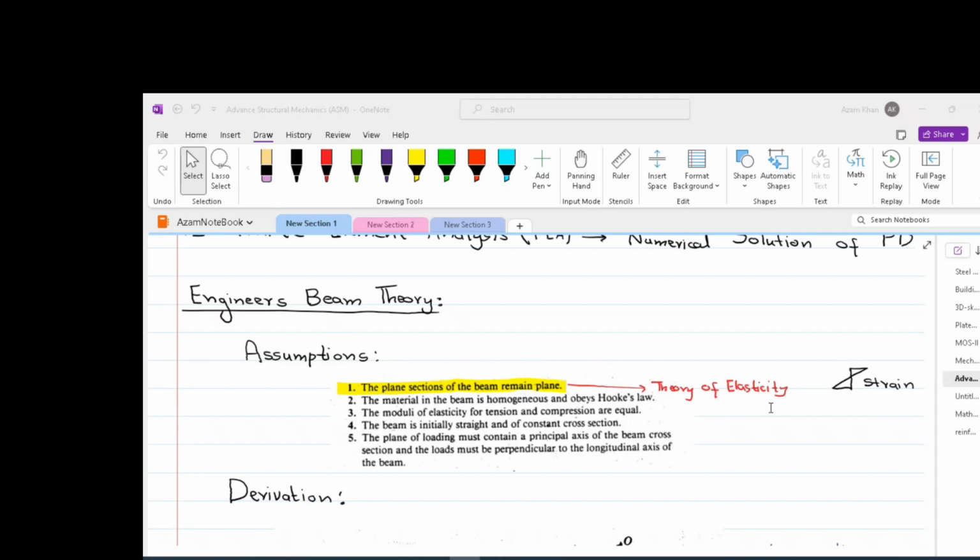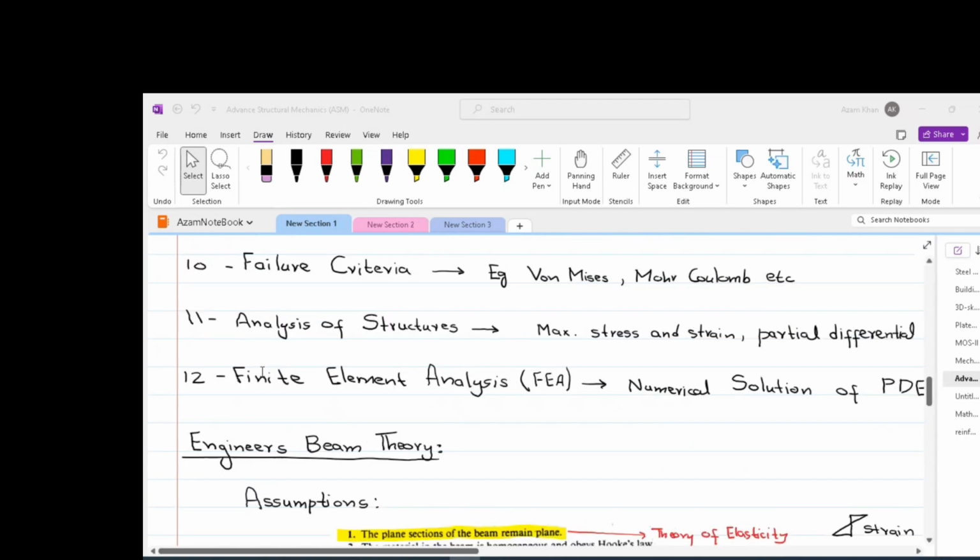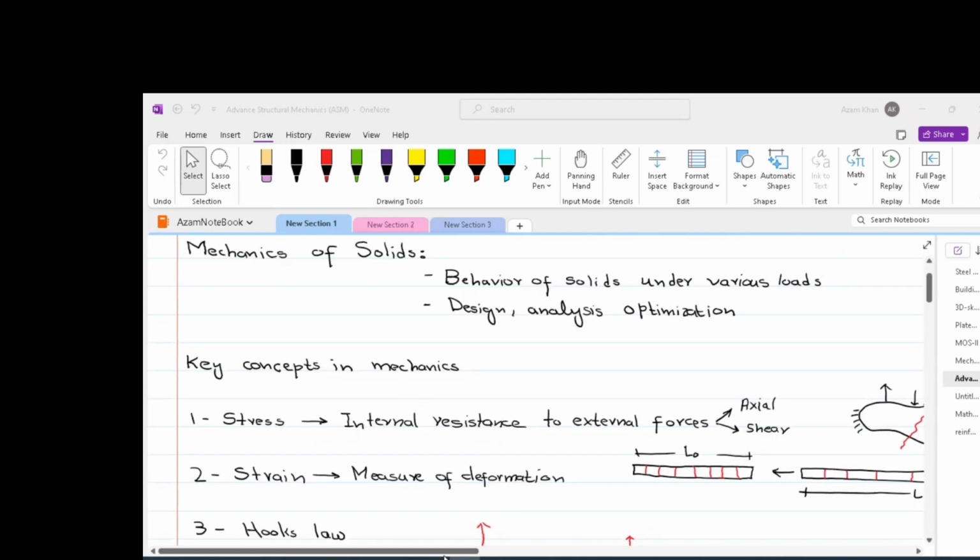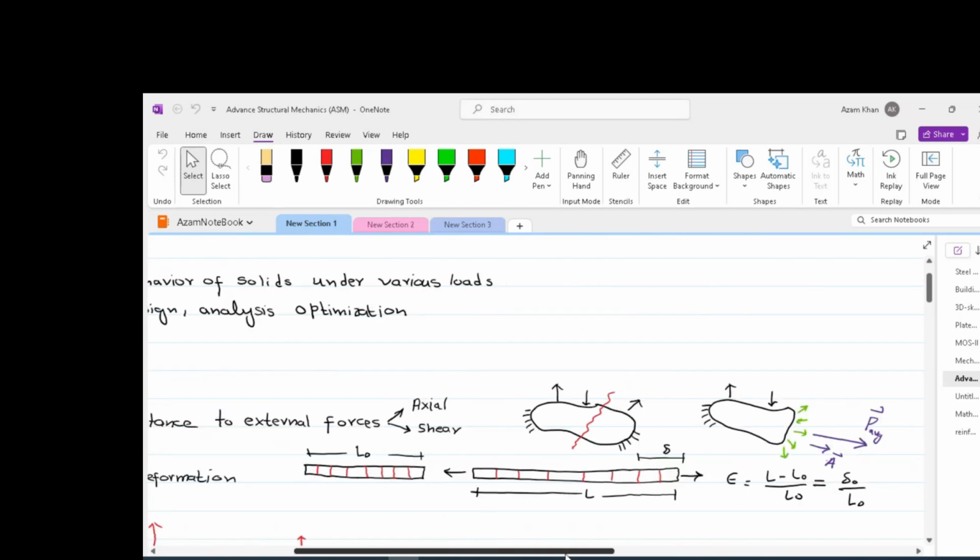The second assumption, which is material in beam is homogeneous and obeys Hooke's law, has been touched upon previously. We discussed that the stress equation is derived for a body which is homogeneous. Homogeneous meaning that body is continuous and cohesive.